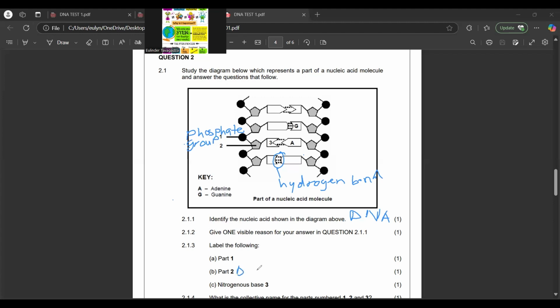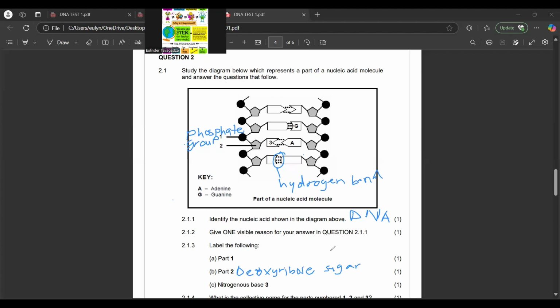So this is deoxyribose sugar, because already you know that this is a DNA.